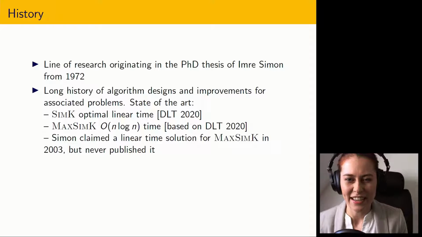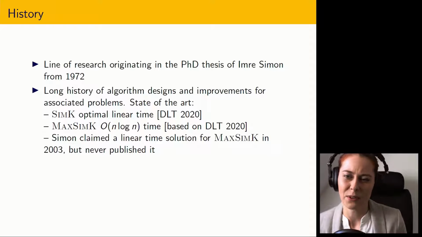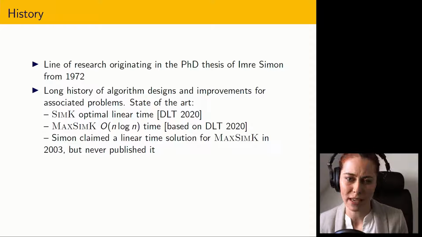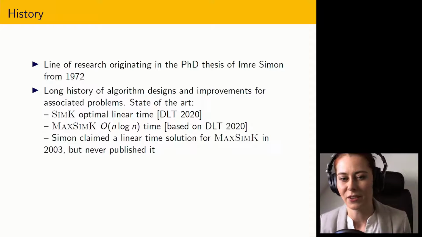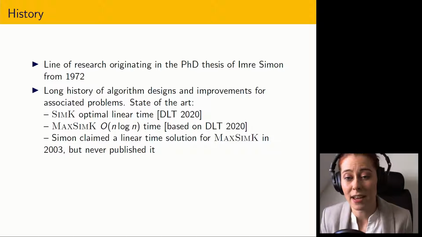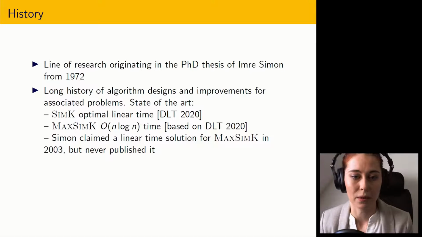One very delicate detail is the fact that Simon claimed to have a linear time solution for maximK in 2003, but the corresponding result was never published. Although Simon indeed might have had an algorithm, we don't know about it.